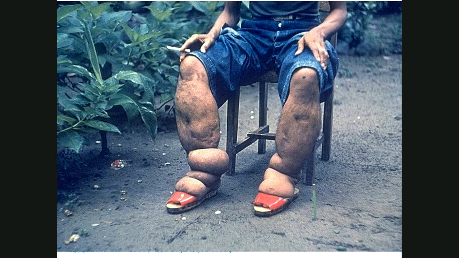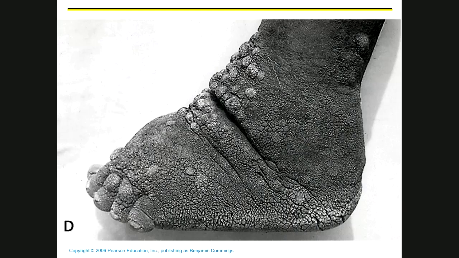But whatever it is, these people have pain all the time, loss of mobility. And if you look at the skin here, it takes on this sort of scaly-like appearance, and it looks a lot like elephant skin. And that's why it's called elephantiasis.